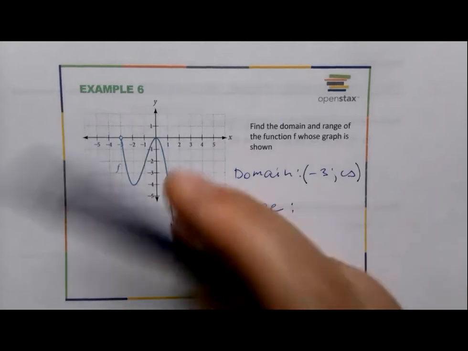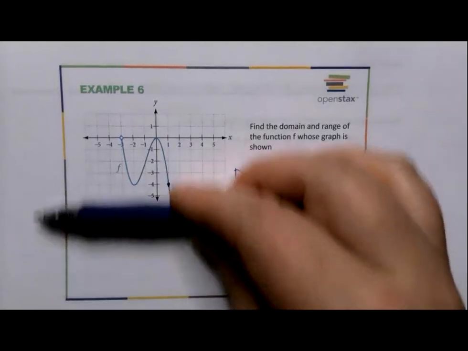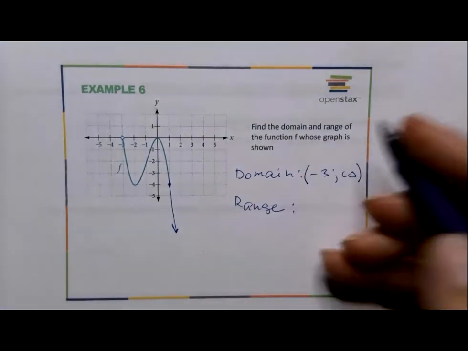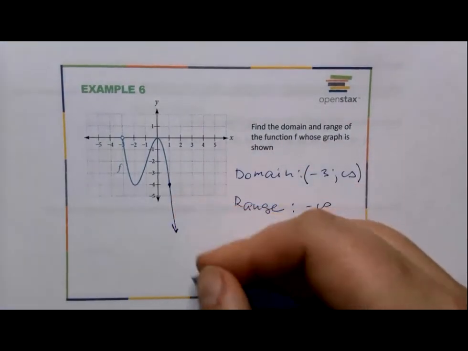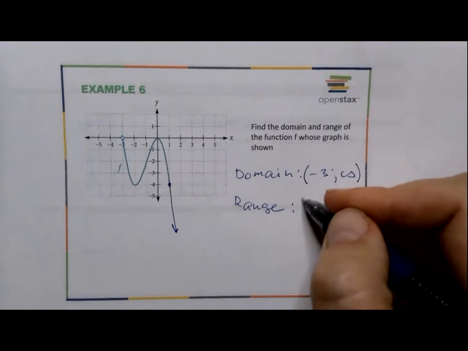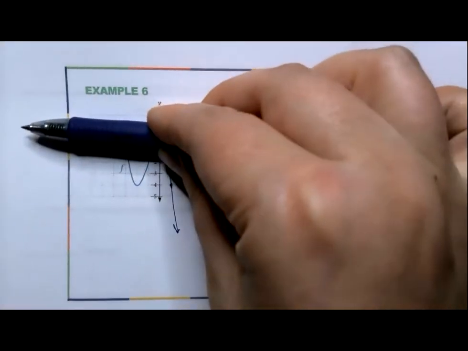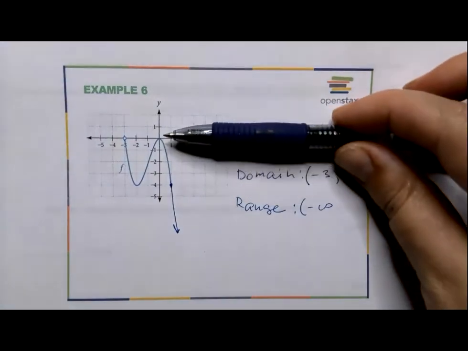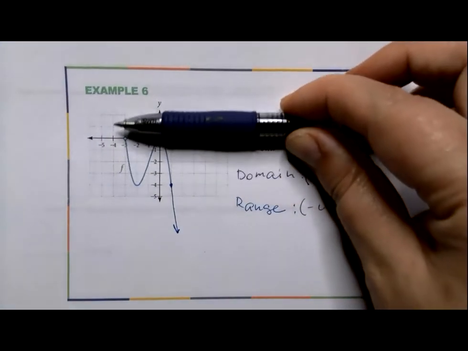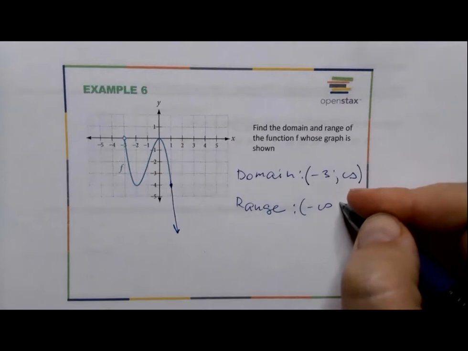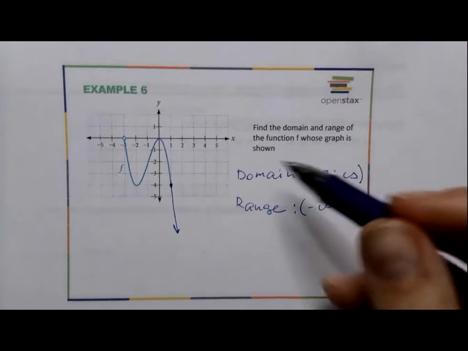So the range is from the lowest to the highest point of the function. The lowest would be -infinity because it continues indefinitely on this side. And the highest point is right here at y equals 0. There is no function above it. So y equals 0 is the last point.